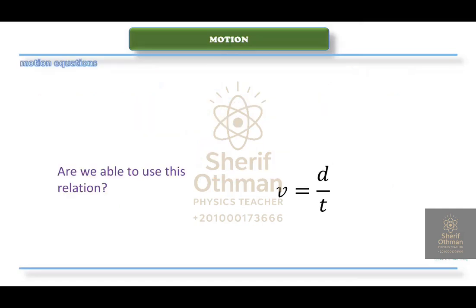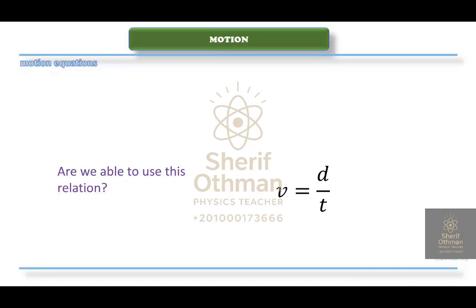I need you guys to know, are we able to use this relation to find the value of the distance through an accelerated motion? The relation says that v is equal to distance over time, which means d is constant and time is constant, so v is constant, or even an average, so I have a total distance over total time. But while moving through acceleration, the ratio of d over time changes as the velocity changes.